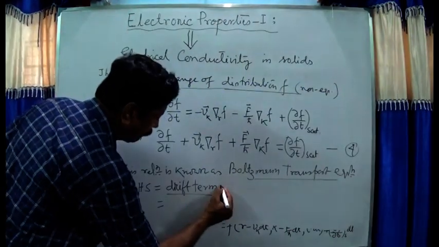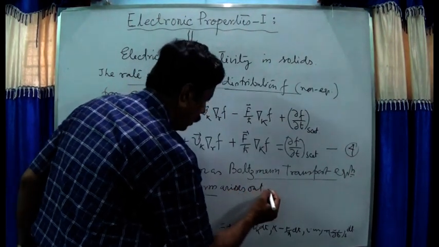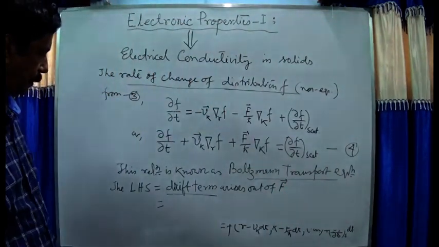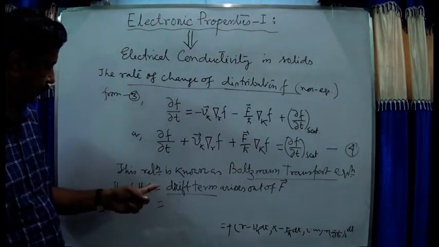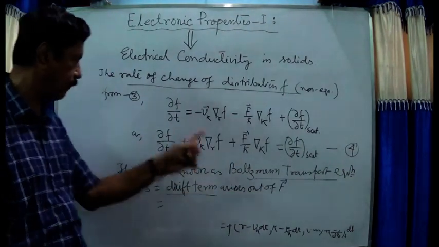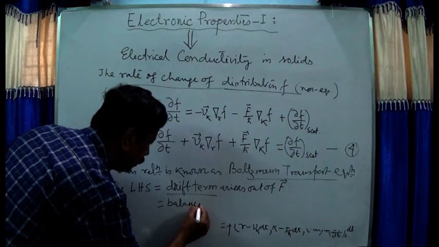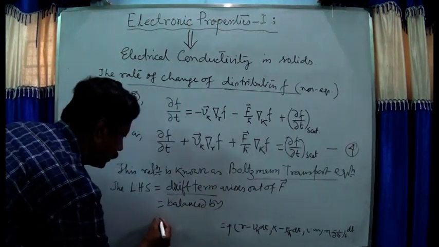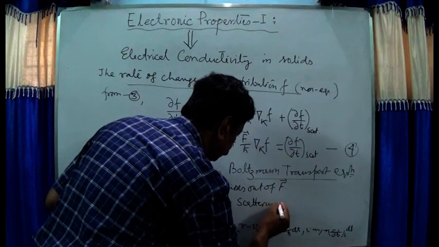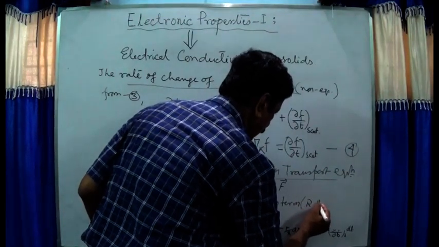So the drift term arises out of external field F. The interesting fact is this, that the drift term, which is caused by the external field, is balanced by the scattering term, the scattering effect that is on the right hand side.